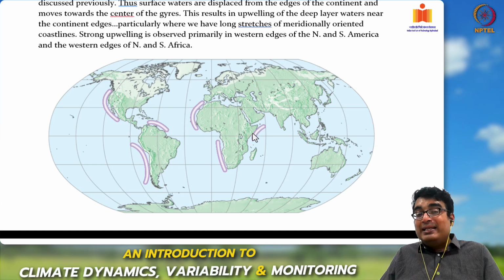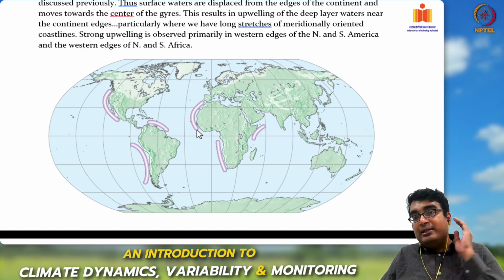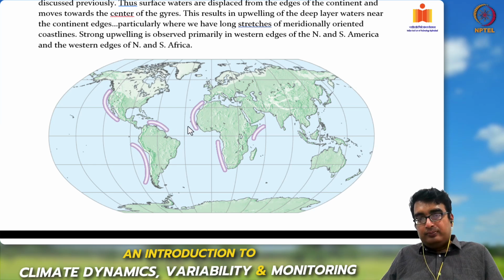The reason why this happens here and as well as in the eastern coast of Central America is because of the presence of northeast and southeast trade winds. These trade winds are dragging the water near the equator from the east to west direction.